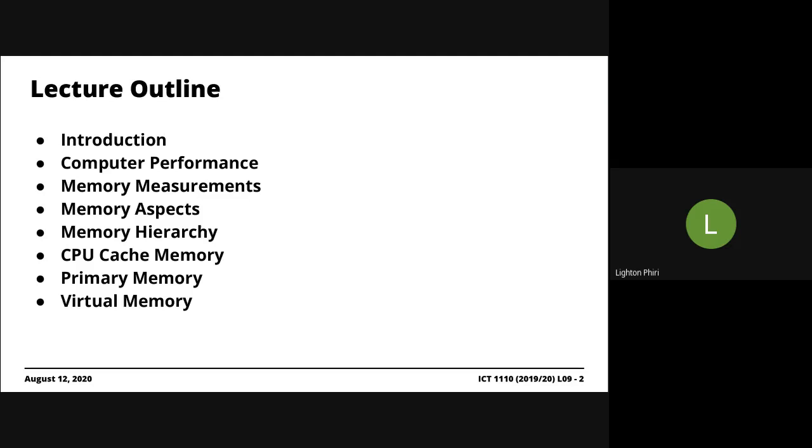We'll start off with the very basics. We want to understand the relationship between the performance of a typical computer system and computer memory. We'll revisit some measurements that we introduced when we were looking at data rates, more like a refresher.